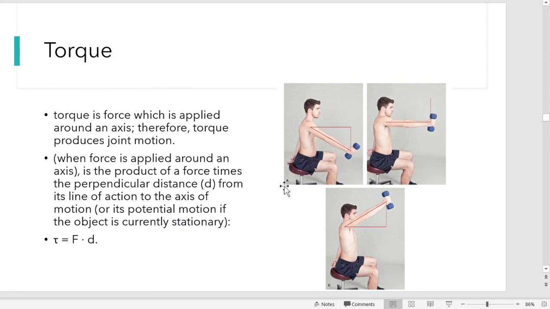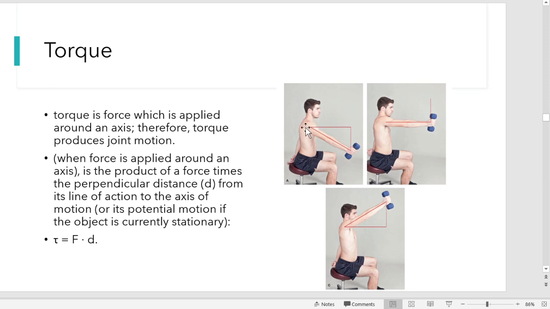So let's take for example here, where is the axis of motion? So here in the shoulder, where is the resistance? Here. But of course you have also the weight of the arm. And what muscles is maintaining this arm in this position? Of course, the shoulder muscles.